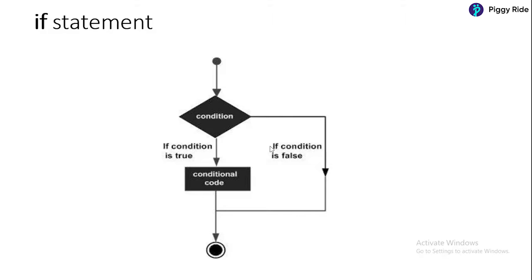Or if he does his homework correctly on time, then he is going to play cricket. Otherwise, he is going to play football. If it is false, it will terminate the statement. If the condition is true, he is a very good boy, he is going to play cricket. Something like that.